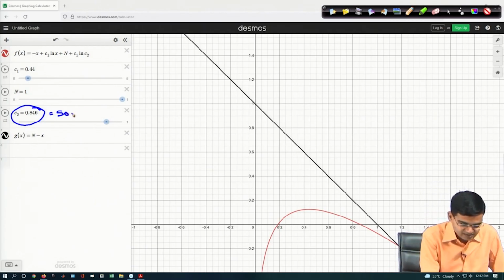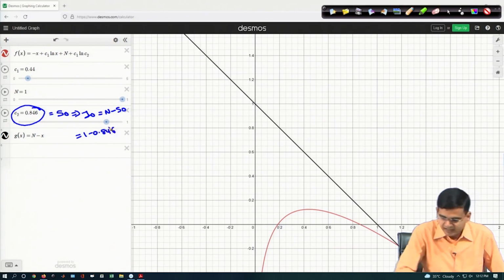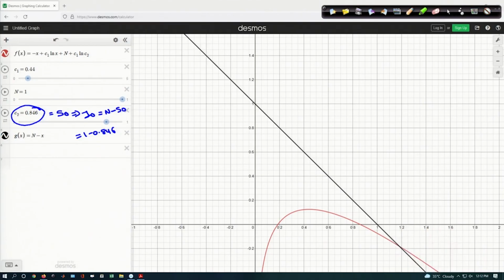So, which means I0 will become N minus S0, which is 1 minus 0.846, and if you go here, you will see that you have 0.86. If you see here, you have some number of initial population, and then the population changes with time.